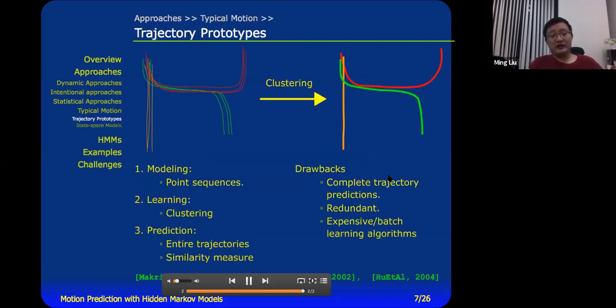Now, how can we model that? The simple model is a point sequence. But for point sequence, you have so many trajectories, right? So we need to do the clustering. Right? We need to cluster all these possible trajectories into typical solutions, right? Then this clustering problem becomes a classification problem, right?